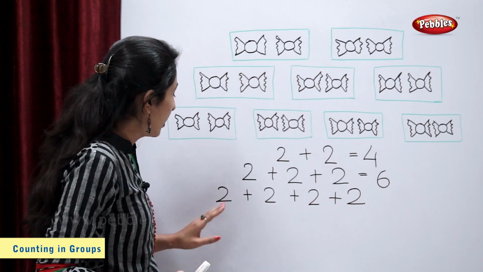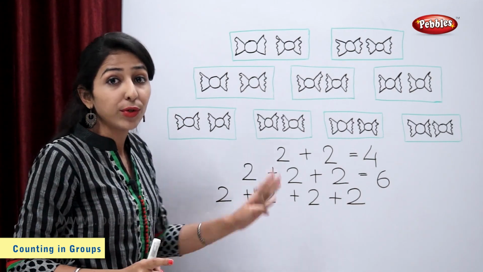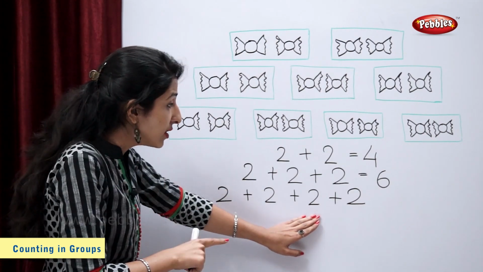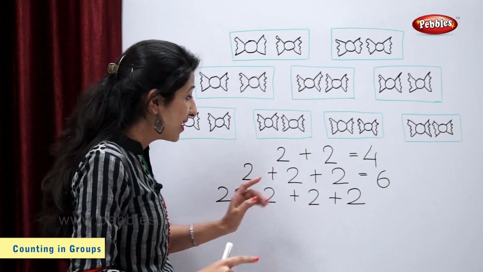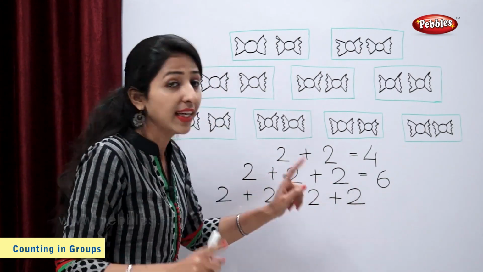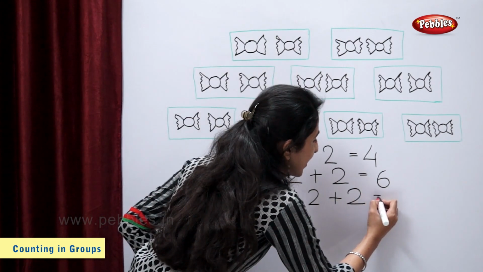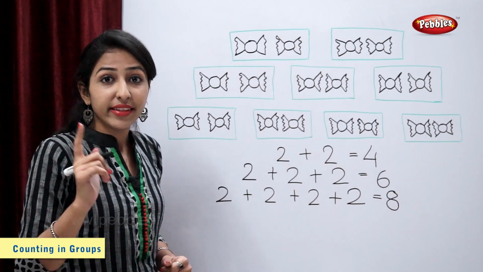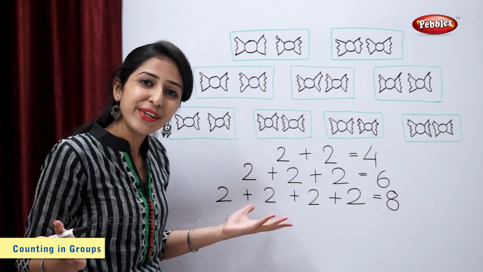Let's count. 2 plus 2 is equal to 4. 4 plus 2 is equal to 6. And 6 plus 2 is equal to 8. So, there are total 8 chocolates in the third row.